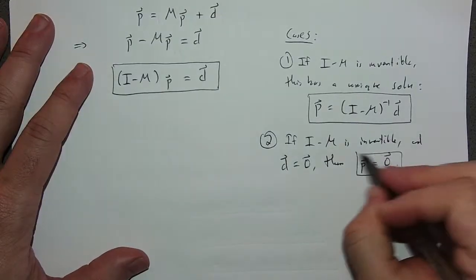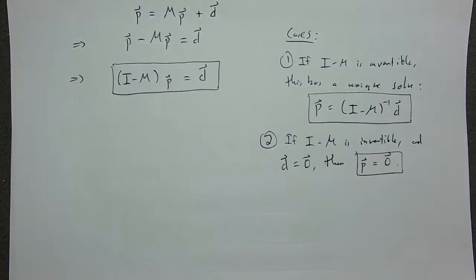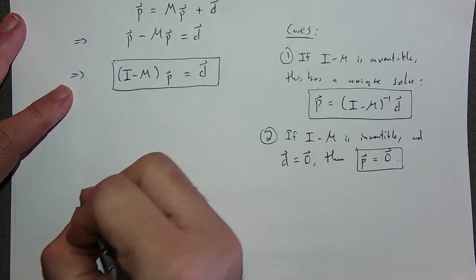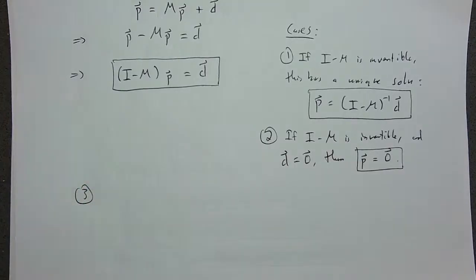So it still has a unique solution. That's what we get from invertibility. But here, the unique solution is the trivial solution, which is the zero vector. You can think for yourself for a second what that means: having a closed economy and I minus M being invertible, where M is your consumption matrix, means the total amount produced is 0. Think to yourself whether you think that makes sense intuitively based on what all these things mean.